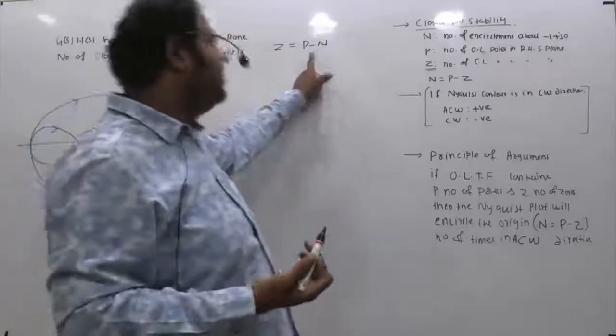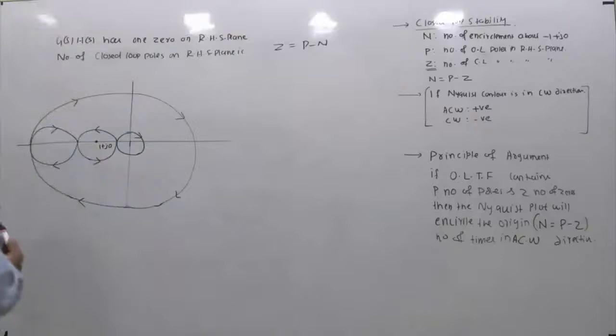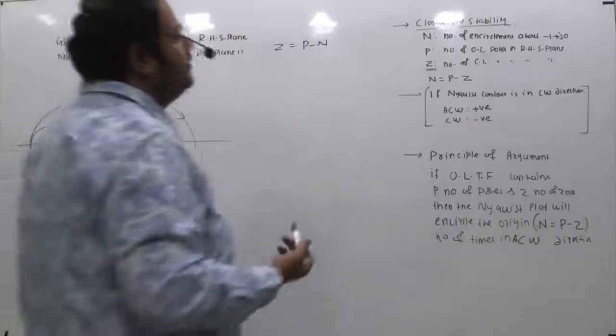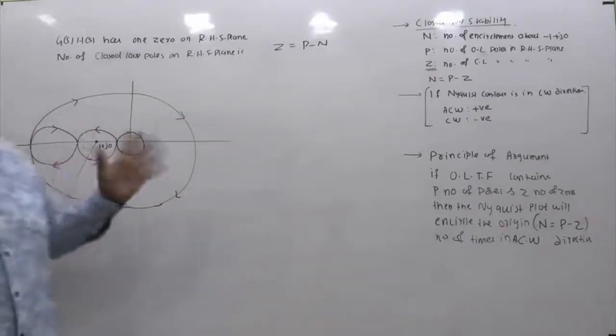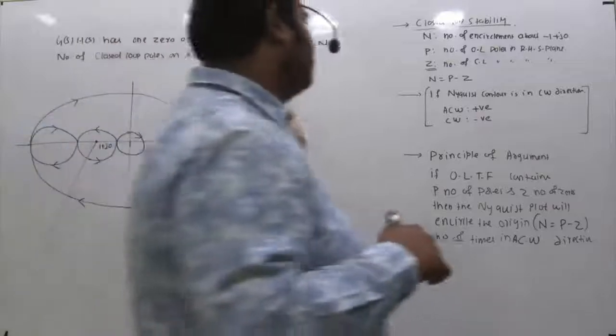But can I tell N? Yes, we can tell N. N is the number of encirclements about minus 1 plus j0. So this is the critical point, minus 1 plus j0. You can find the number of encirclements by drawing a line like this. Now if you see, this line is cutting the contour twice, once in the anti-clockwise direction and once in the clockwise direction. By default, I am assuming the contour is taken in the clockwise direction.